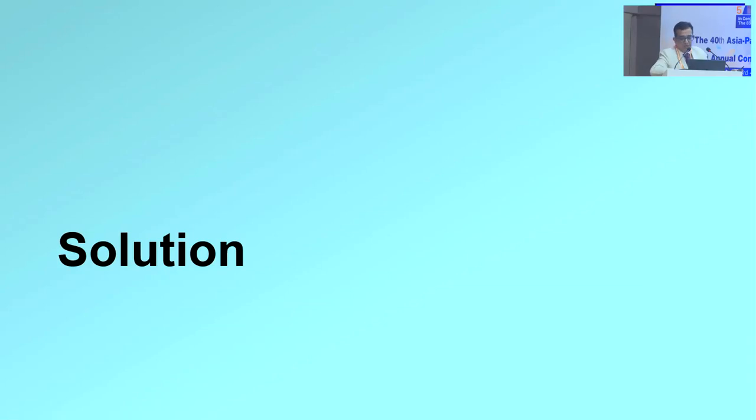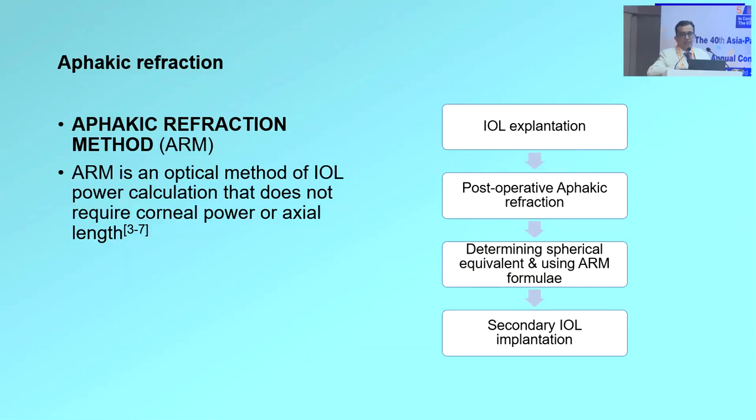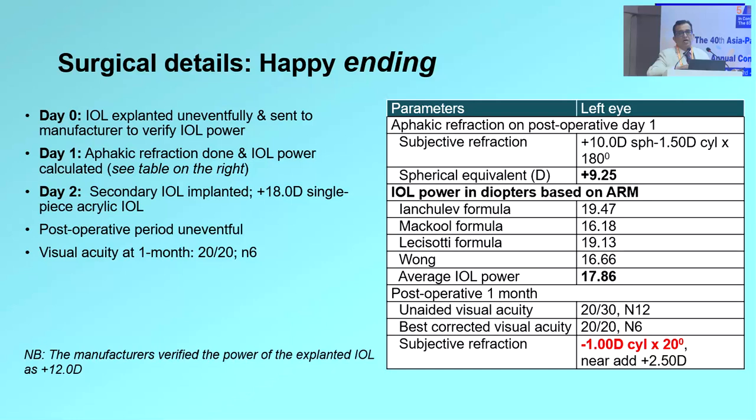And what was the solution? Because the ASCRS power calculator was not giving us the correct solution, we did the FAK refraction method, where we explanted the IOL, did a manual refraction, took the spherical equivalent and put it into all these formulas that you see out here.